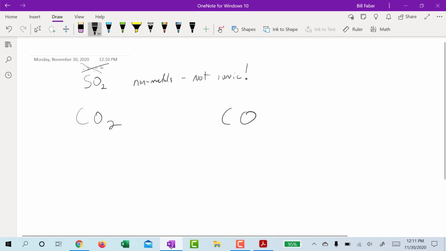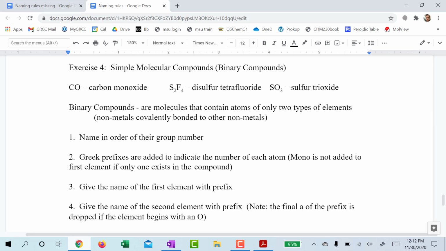So for instance, carbon and oxygen, 2 oxygens versus carbon and 1 oxygen, you probably know this is carbon dioxide, and this is carbon monoxide. Okay, so binary compounds are 2 nonmetals.